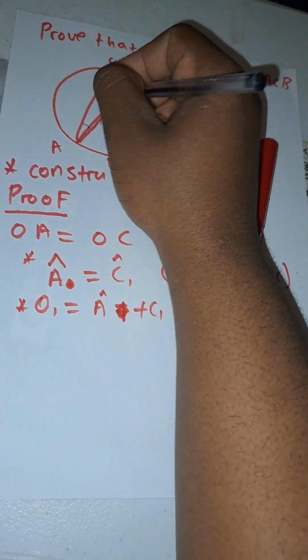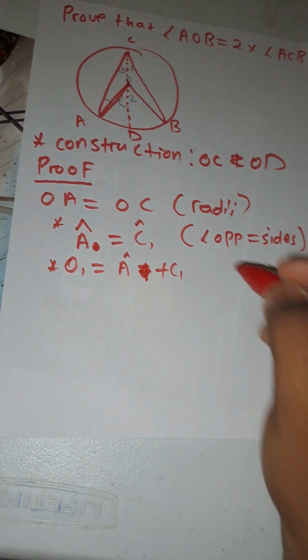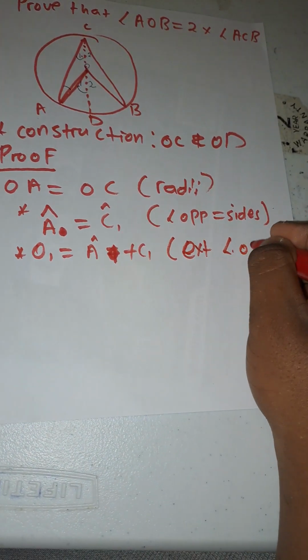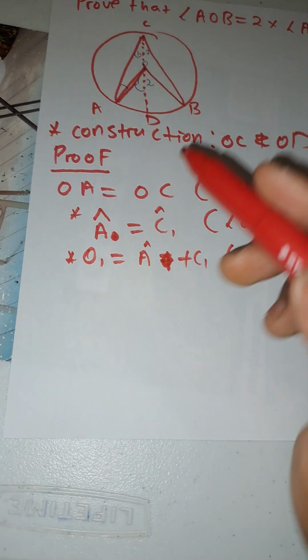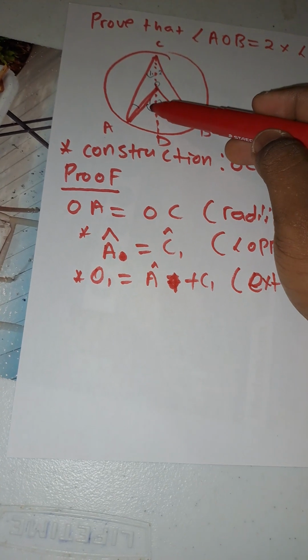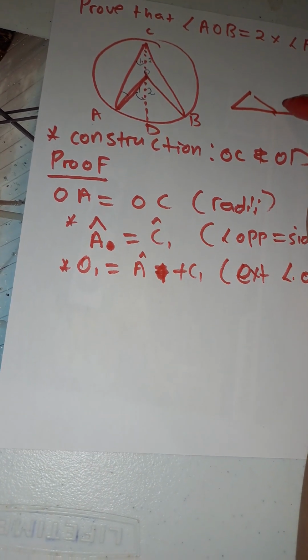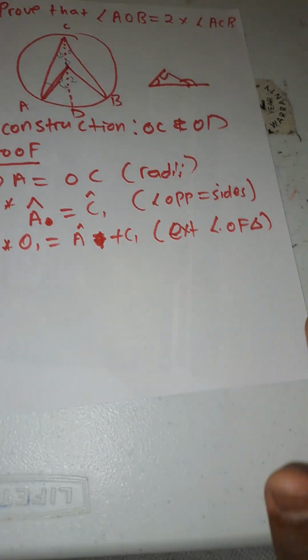This one and this one, they are equals to that one. What is the reason, guys? Exterior angle of a triangle. You see? O1, it is equals to A plus C1. And it is something like this. Okay? I hope you get it.